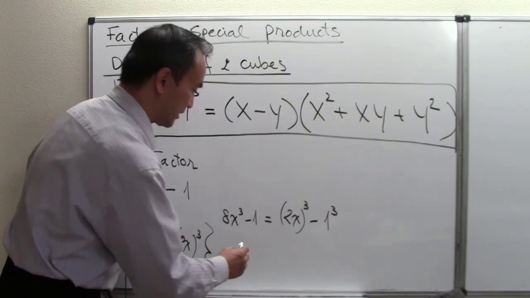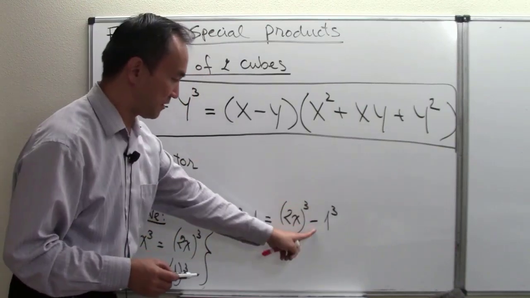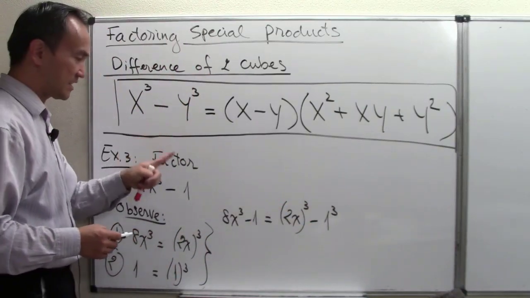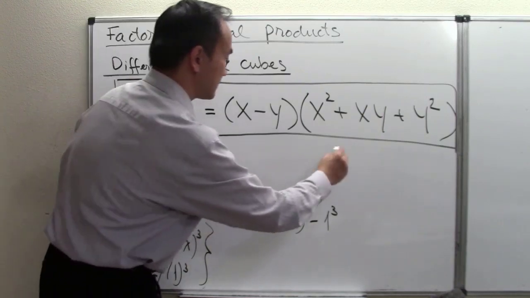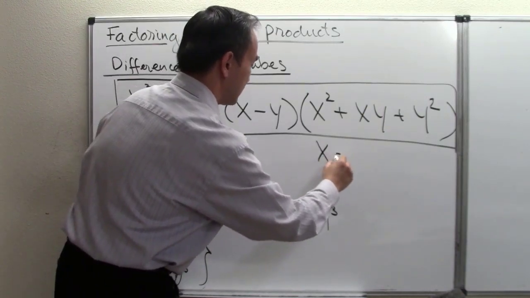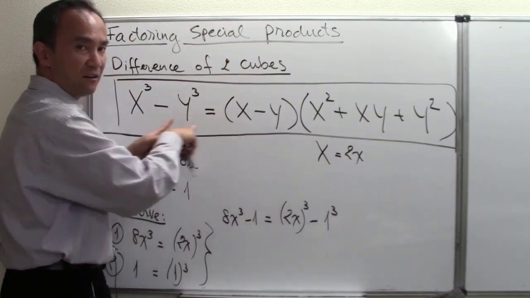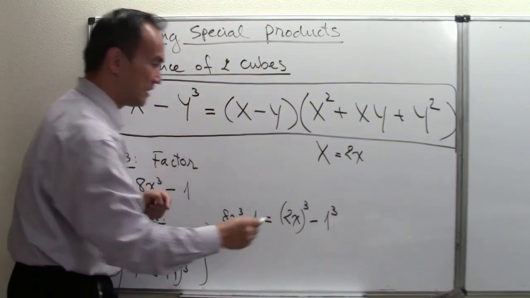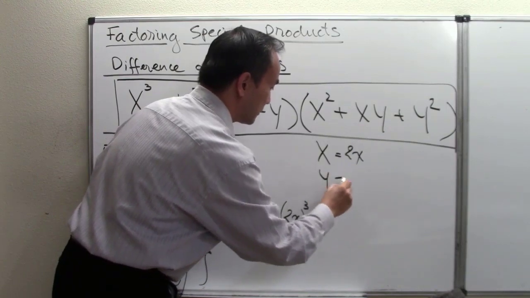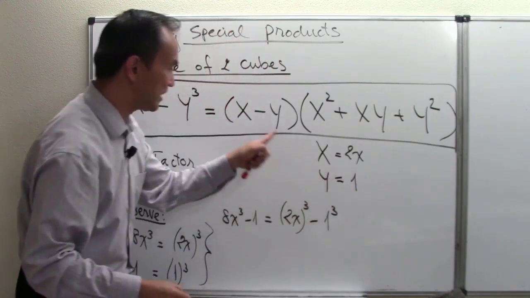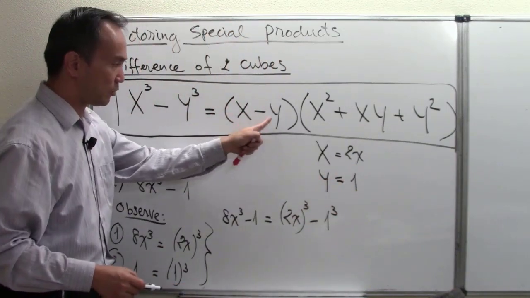Comparing this with our formula, I can see that 2x is being substituted for the capital X in our formula of the difference of two cubes, and then the 1 is being placed in place of that y variable.